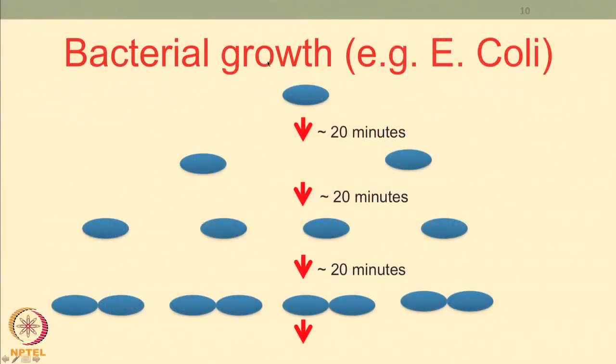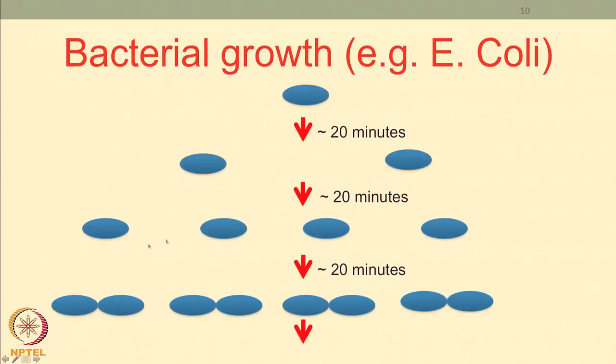The classic example that we know is bacterial growth, right? We have E. coli, for example. We have one cell. In about 20 minutes, it would divide and become 2 cells, and in another 20 minutes, each of them would divide and become 4 cells.